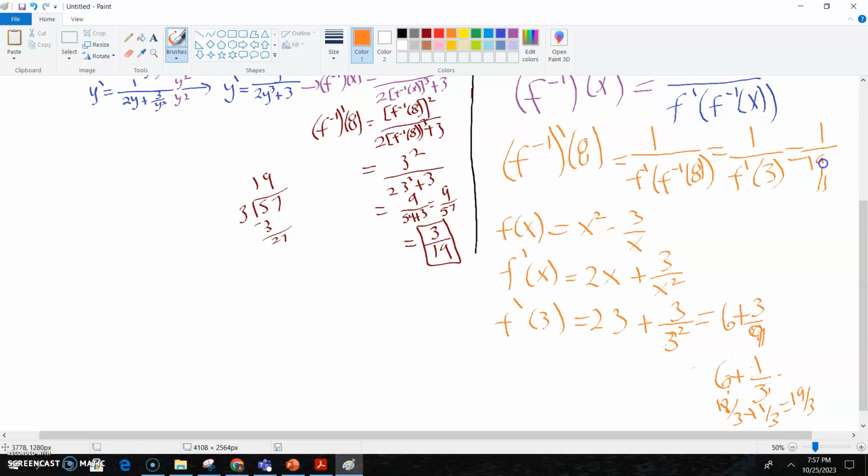So this is 1 over 19/3, but 1 over 19/3 is the same as 3/19. So hold on, let me erase that. We get equal to 3/19.